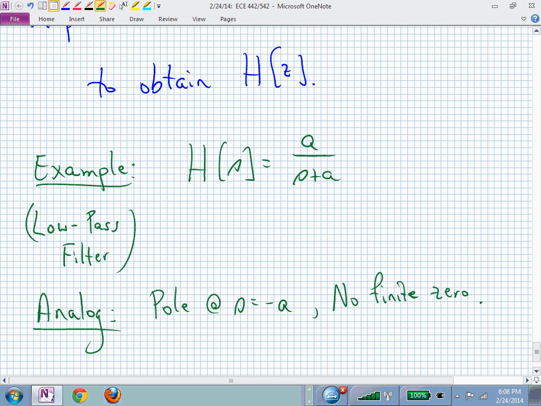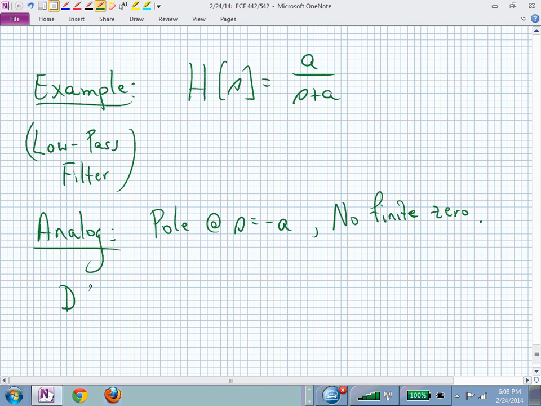What's the DC gain? If you were sketching this Bode plot, where would you start that horizontal line? At what level vertically? DC is an omega that's not shaking, isn't it? Omega is 0, so s is 0.